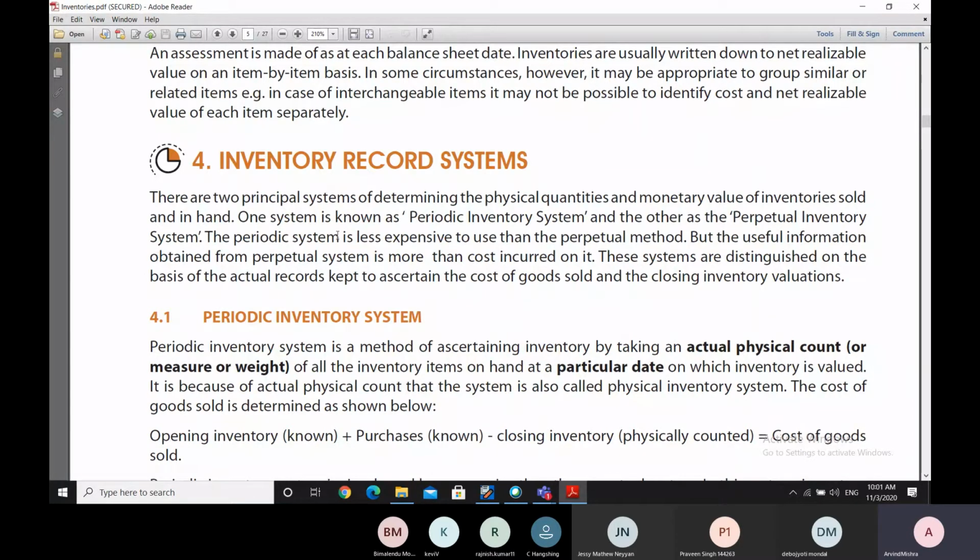These systems are the periodic inventory system and the perpetual inventory system. These are the recording systems which help us to determine physical quantities and the monetary value also.